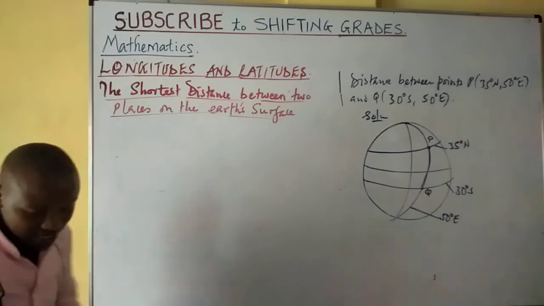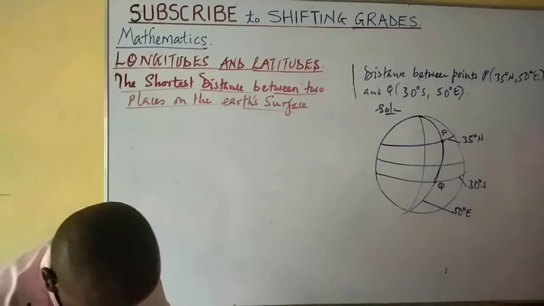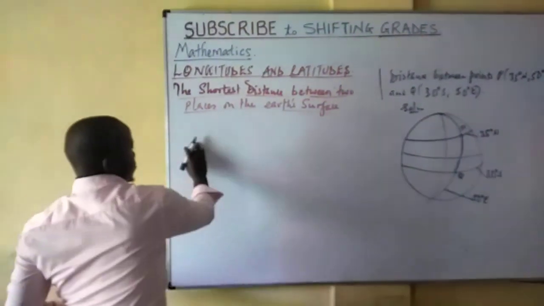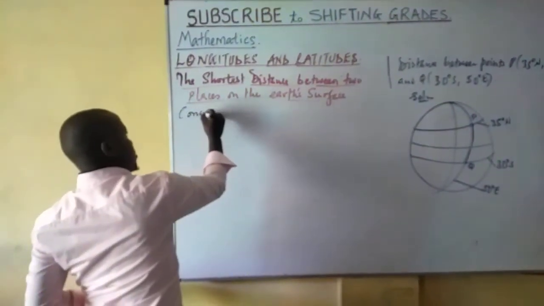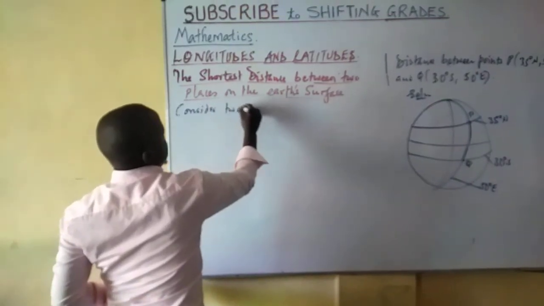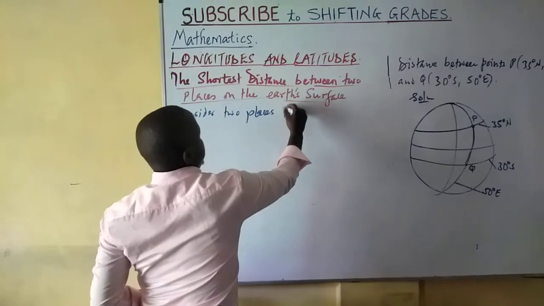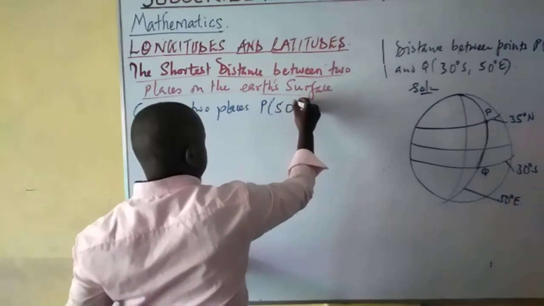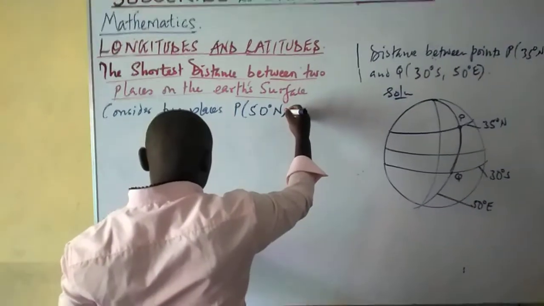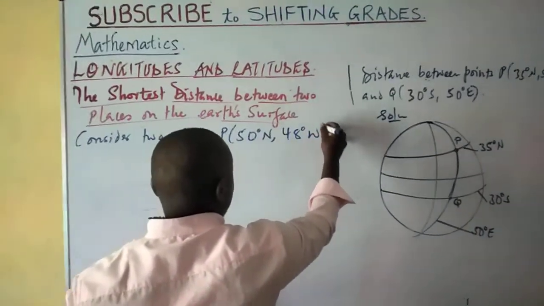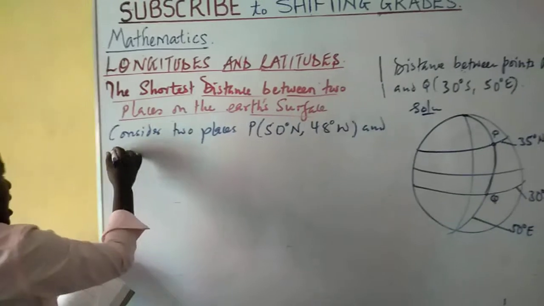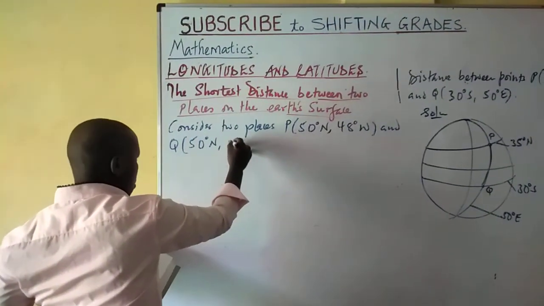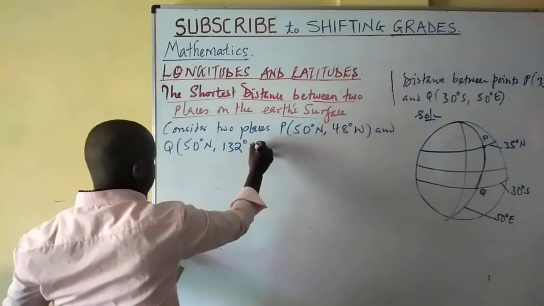Let me give the example. Consider two places. P, which is 50 degrees north and 48 degrees west, and another place Q, 50 degrees north and 132 degrees east.